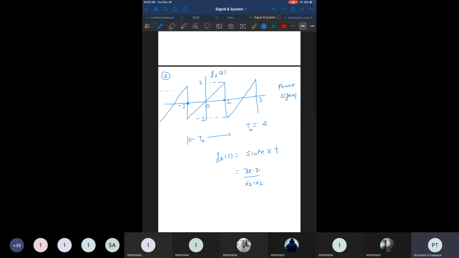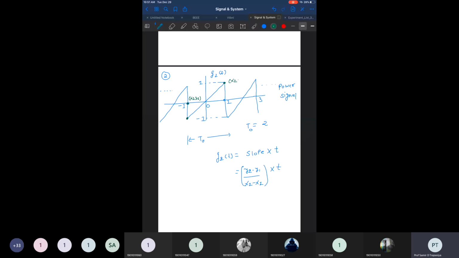Now what are x1 y1 and x2 y2? x1 y1 just defines your first point. This point here, minus 1, we have to define it. The slope will start from here and end over here. This point is x2 y2.